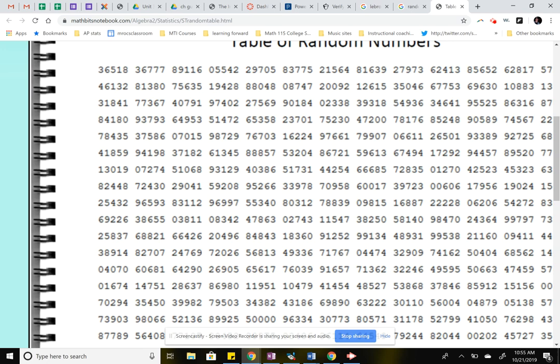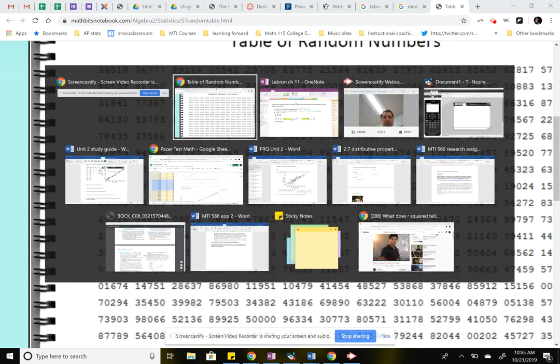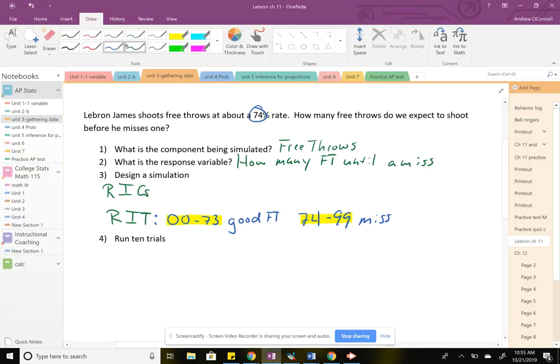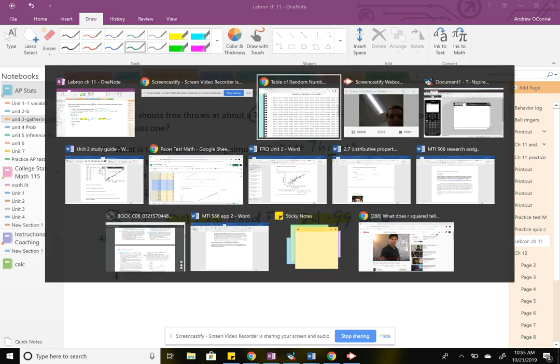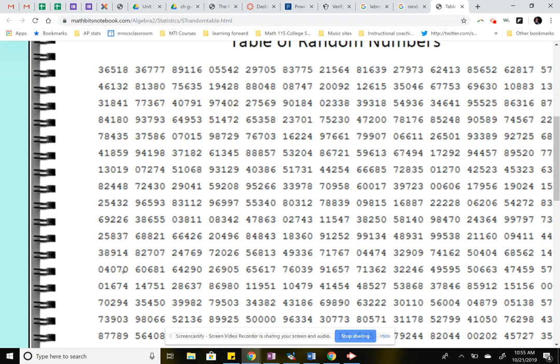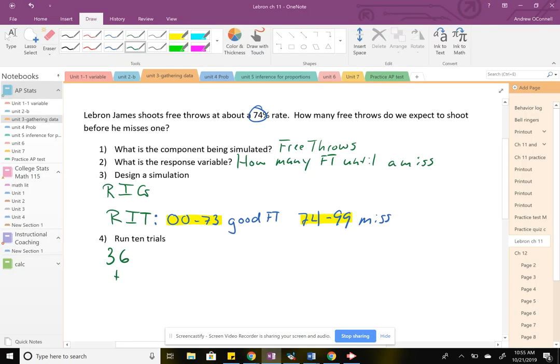So 36 we said was going to represent a good free throw. 36 was good. Next one, 51 was also good. 83 we said was not. 83 was between the 74 to 99. That would represent the miss.